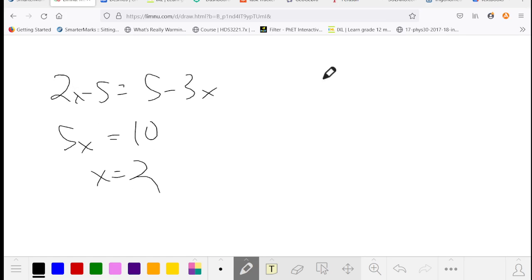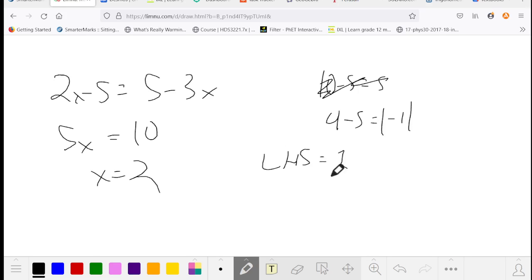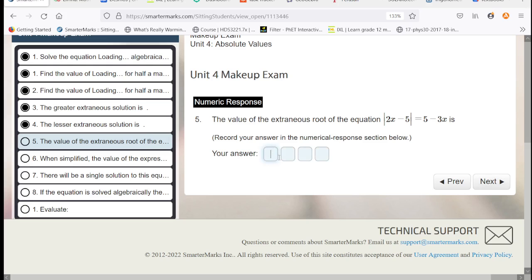But if we sub that in, 2. 4 minus 5 is a negative 1 on the left-hand side. Take the absolute value of that, and we get 1 for the left. And our right-hand side is 5 minus 6, which is negative 1. So 2 is the extraneous root we find algebraically.